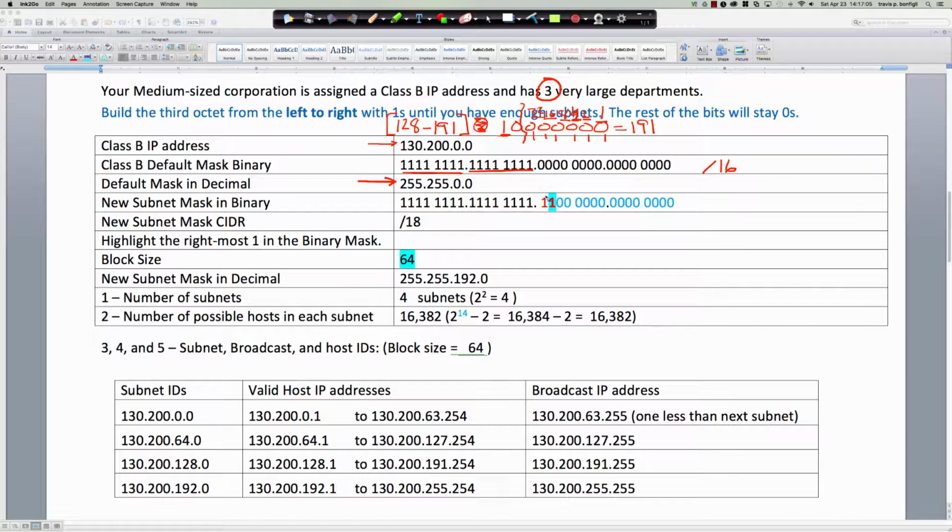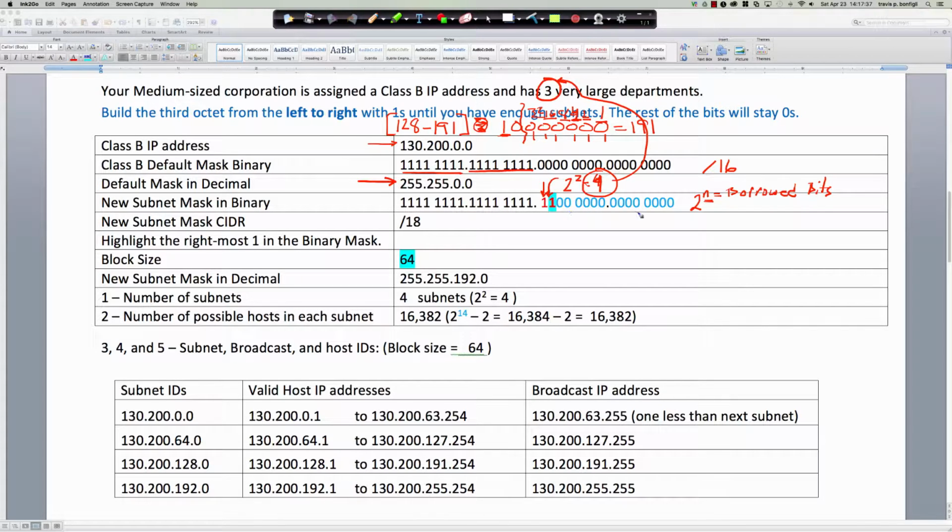So remember, the formula for the number of subnets is 2 to the n, where the n is equal to the number of borrowed bits. So we borrow the first host bit here, and 2 to the 1 gives us 2. We borrow the second host bit, so we have 2 to the 2 equals 4. Now, does that meet our requirement of 3 very large departments?